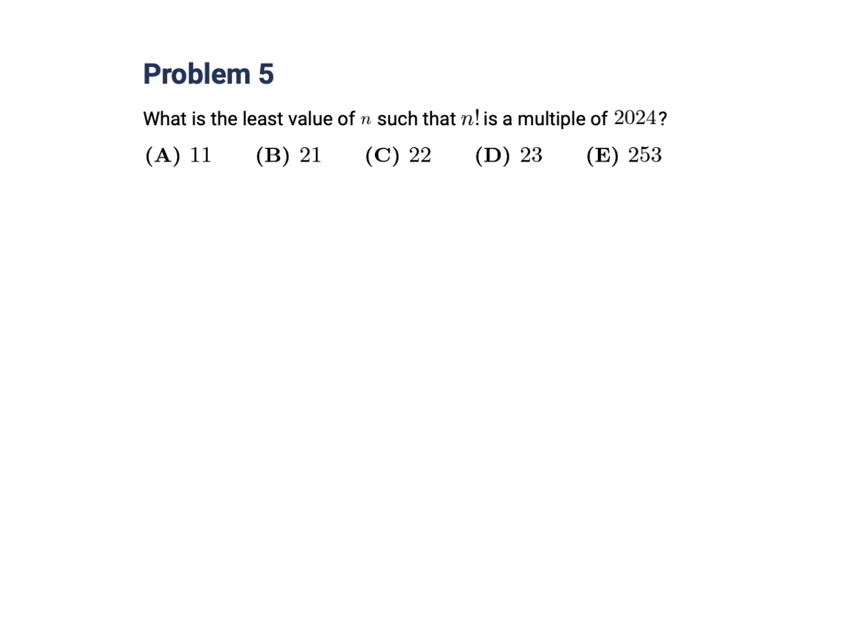What is the least value of n such that n factorial is a multiple of 2024? So n factorial is 2024 times some k. It's a multiple, right? The first thing that will be helpful is to convert 2024 into its prime factorization. I believe it's 2 times 2 times 2 times 11 times 23.